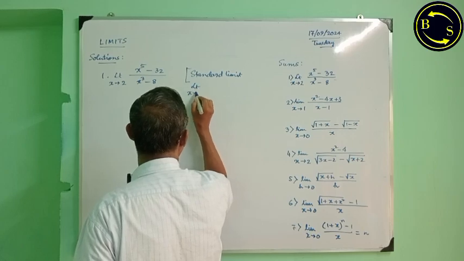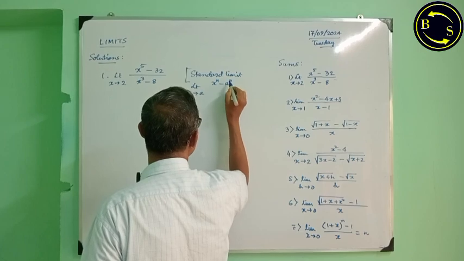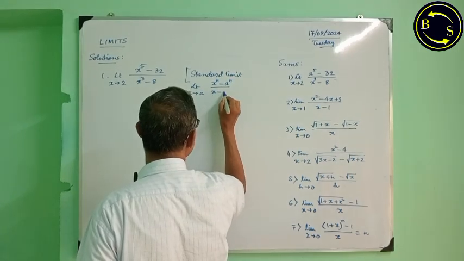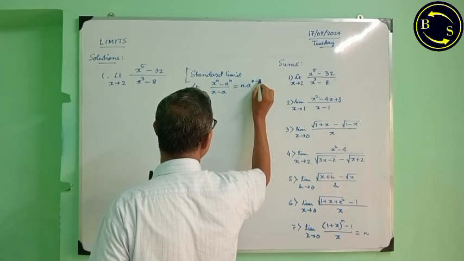Limit x tends to a, x to the power n minus a to the power n by x minus a is equal to n a to the power n minus 1.